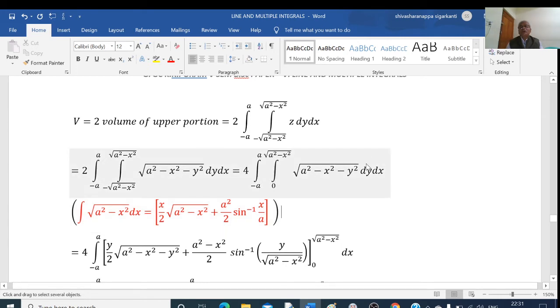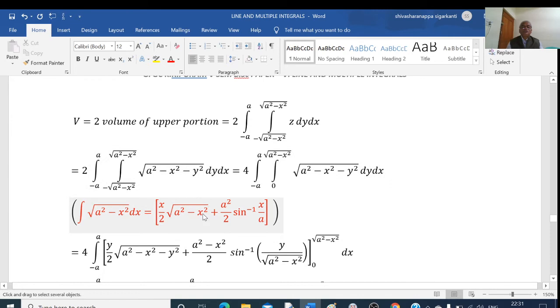So this is in that form only. This is a square minus x square minus y square. I can write this term as square root of a square minus x square, whole square. I can write this whole thing as the square of something, and that something is nothing but square root of a square minus x square.